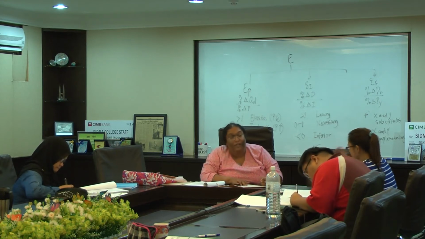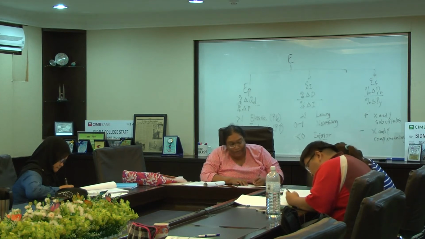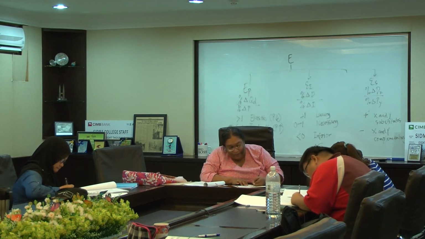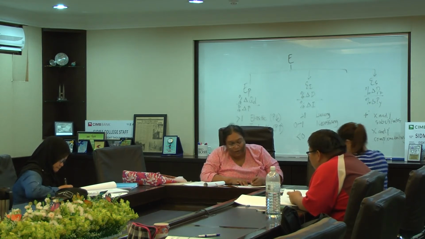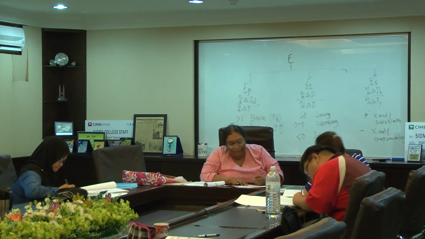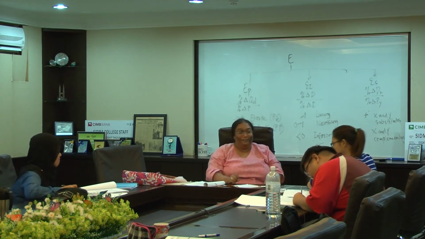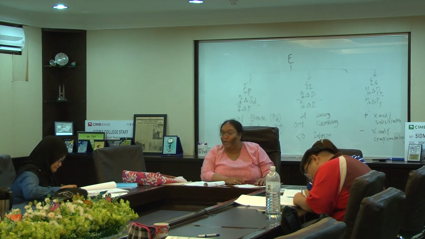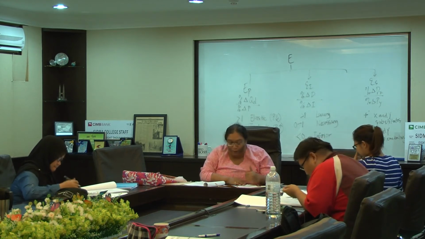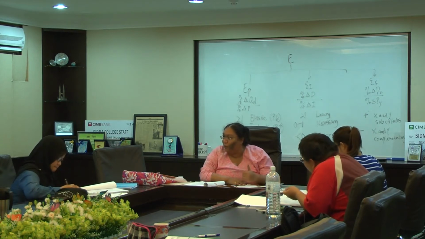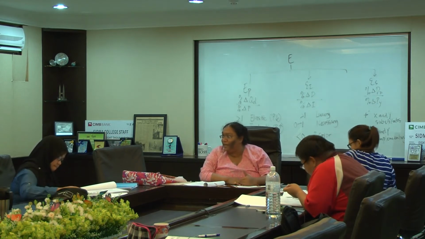Always the new quantity, right? What is the new quantity? 16 minus 20, divide by 20, times 100. Percentage change: the new quantity minus the old quantity, divided by the old quantity, and then times 100.